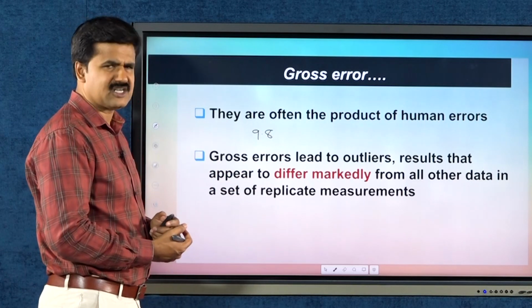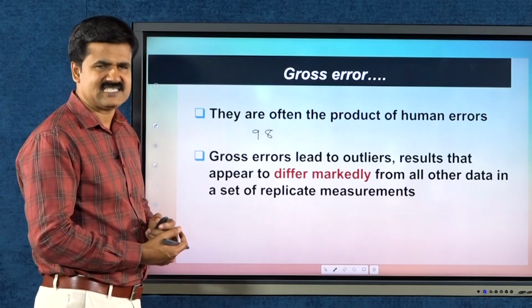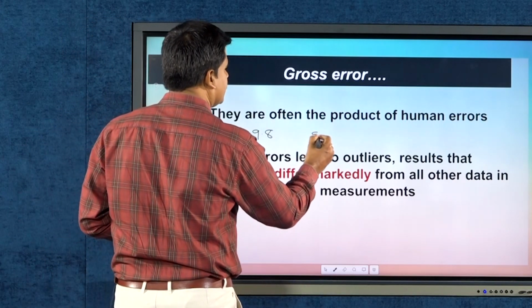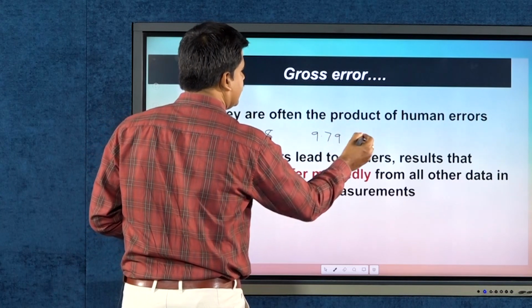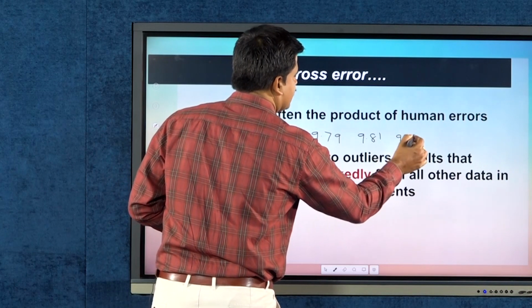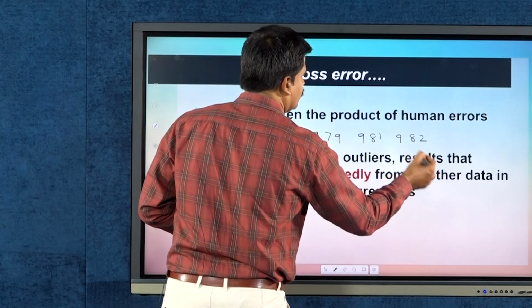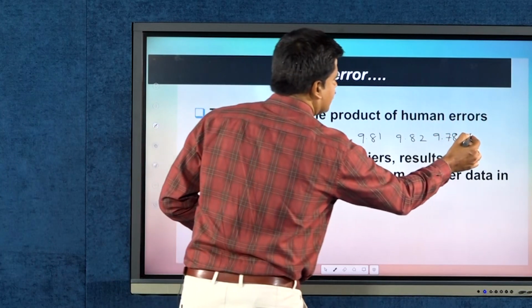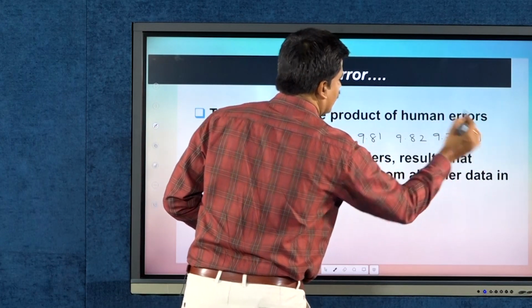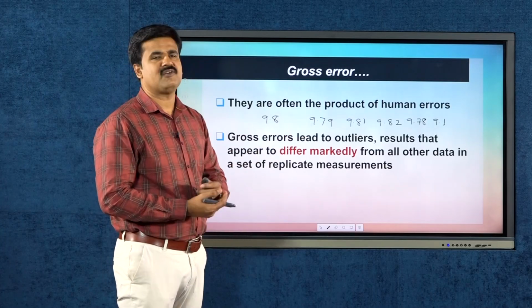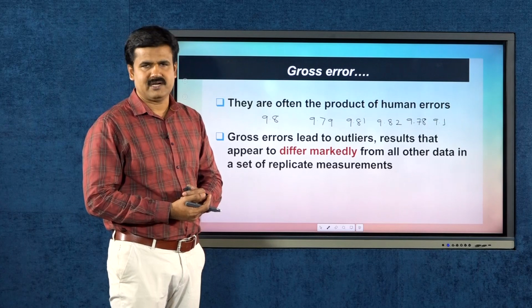In some measurements, using the simple pendulum experiment, I got a set of values and the values are shown here: 9.79, 9.81, 9.82, 9.78 and 9.1. You look at these values, the last value is 9.1.